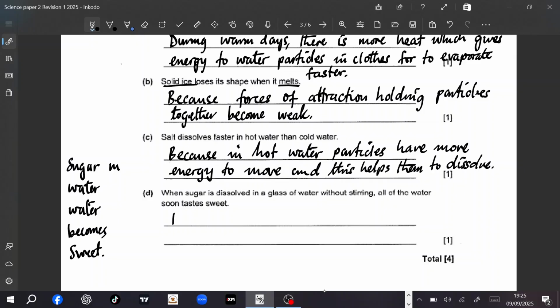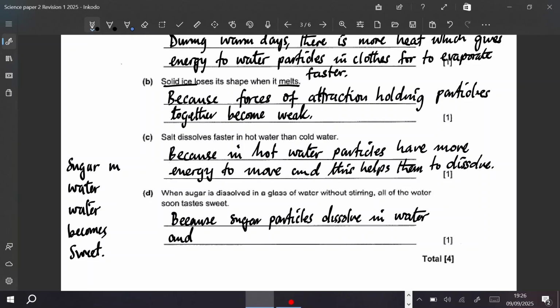Okay, you say because sugar particles dissolve in water and diffuse.